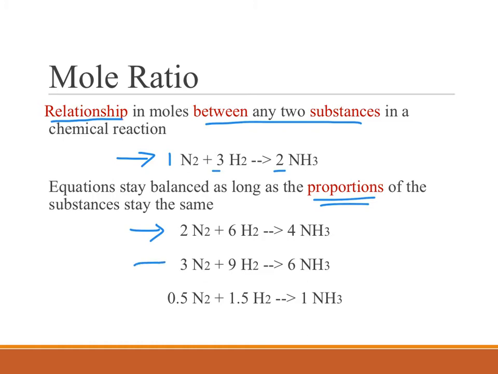We could triple it and say that there's 3N2 plus 9H2 giving us 6NH3. So you can see how we've just taken the original coefficients in our original equation up here and just multiplied them all by 3. And you even can go to fractions. You could have 0.5 N2 plus 1.5 H2 giving us 1 NH3.